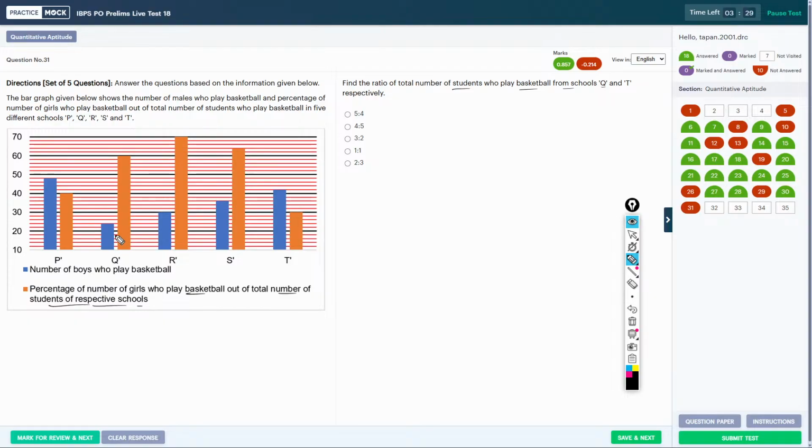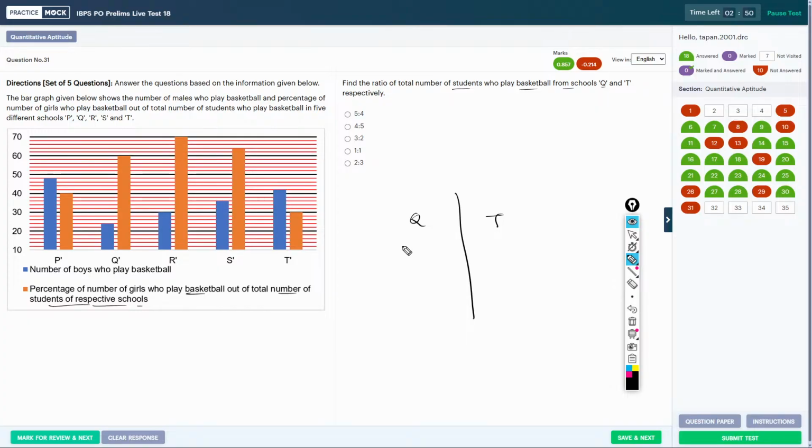Number of boys who played basketball and total number of students who play basketball. Girls who play basketball out of the total number of students. Who plays basketball, right? So okay, then boys is going to be for Q and T.